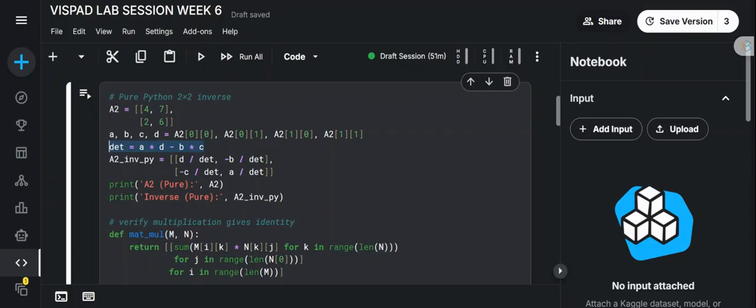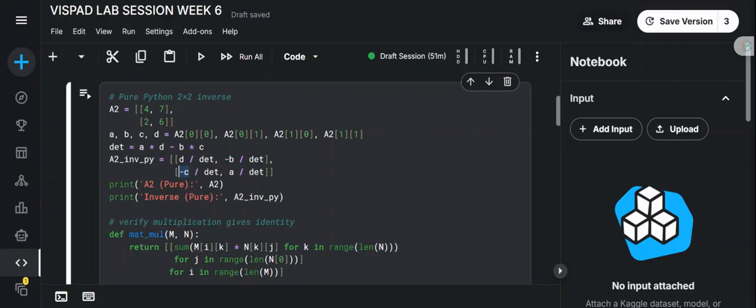So that's why we have D over here, and D is 6. So 6 has moved to the first position in the new matrix, as you can see over here, and 4, which is also A, is at the position of 6. And as you can see, 7 and 2 have also been negated.